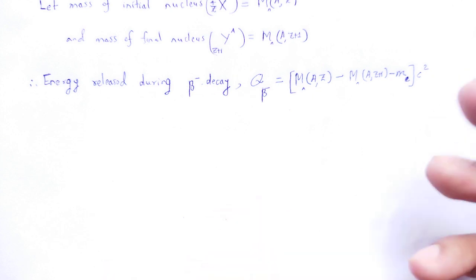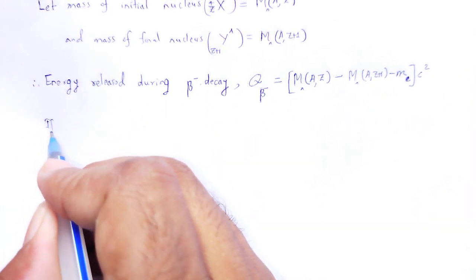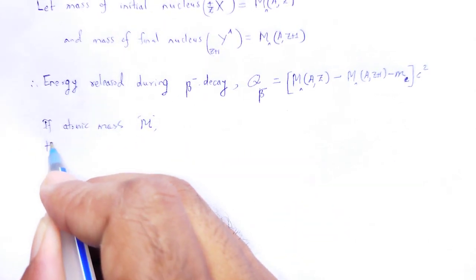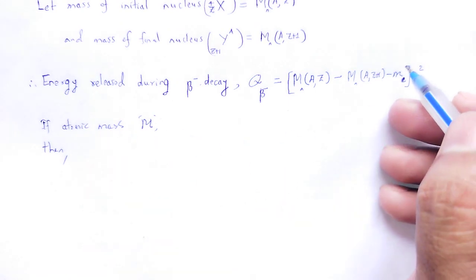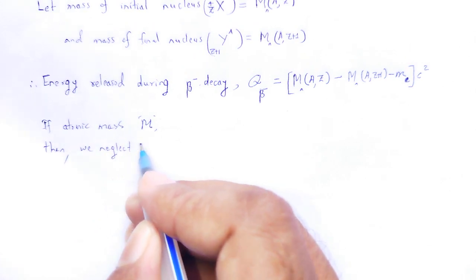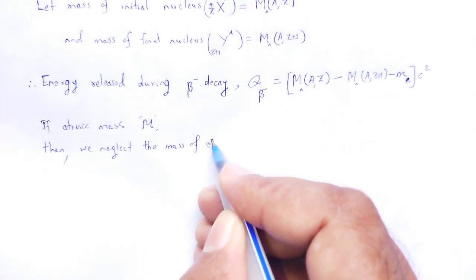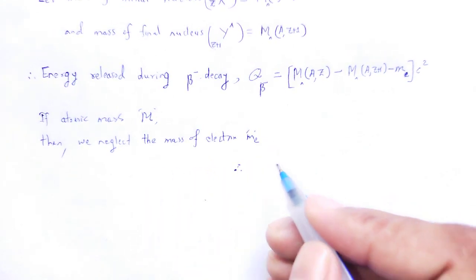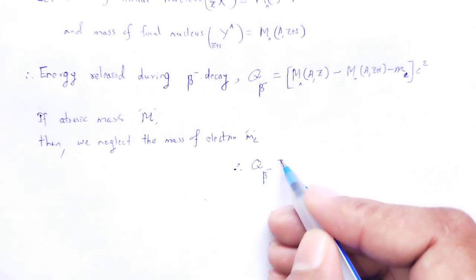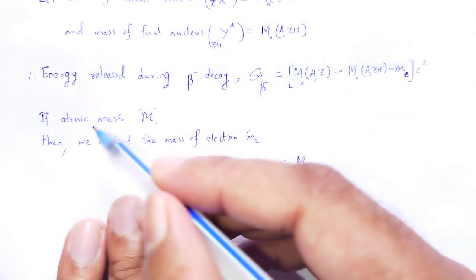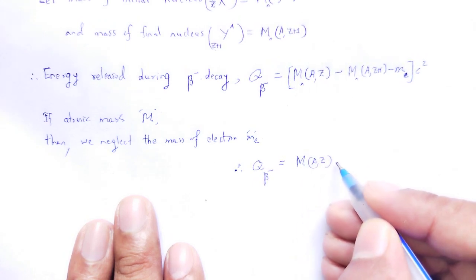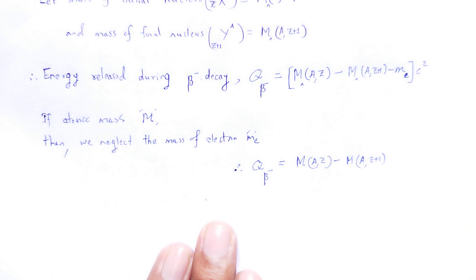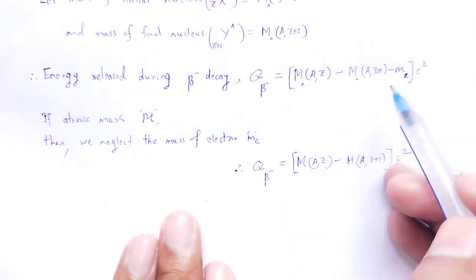If we use the atomic mass M, then we neglect the mass of the electron. Therefore, the energy released during beta minus decay, for atomic mass we prefer M, is M A Z minus M A Z plus 1, times c square, neglecting the mass of the electron.